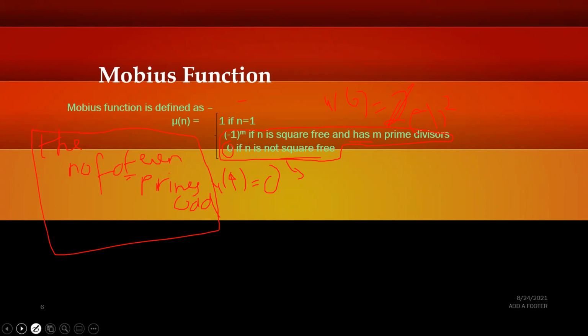That's a conjecture which is very important to prove the Riemann hypothesis. I forgot the name of the conjecture, so do comment it down.